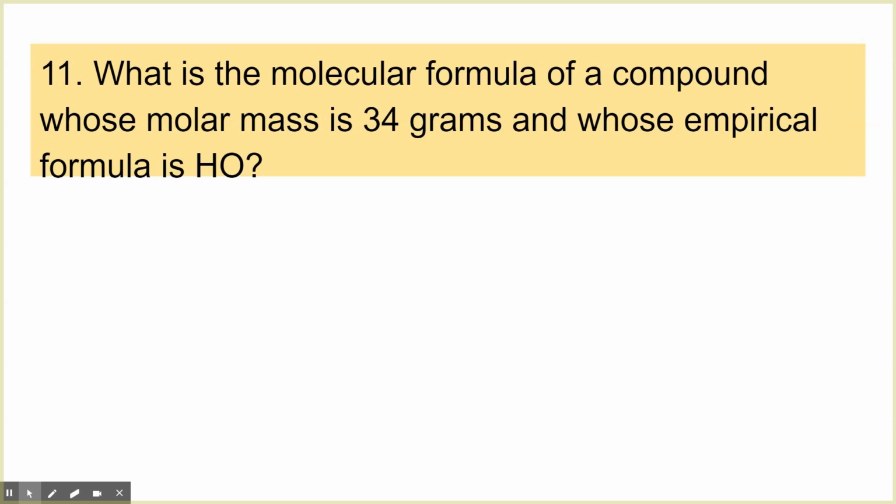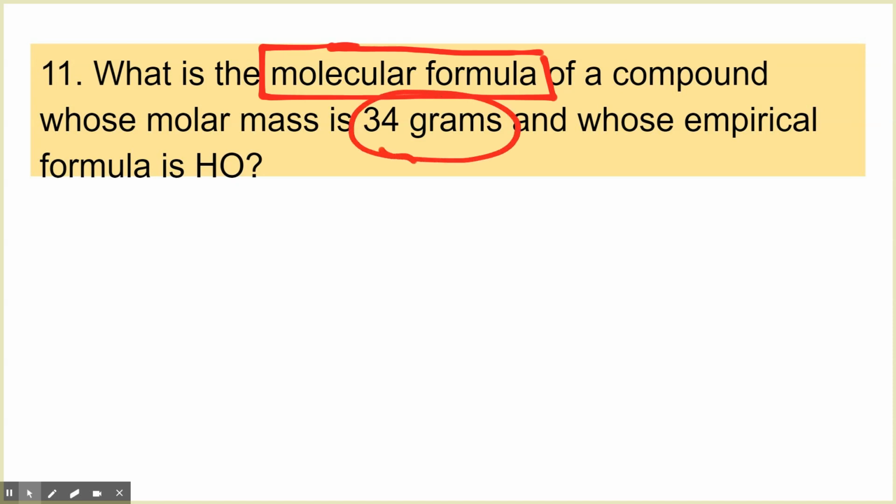It says there, what is a molecular formula? So we're looking for the molecular formula, which means the subscripts, you can get a number, divide those subscripts, and get something lower. Okay, whose molar mass is 34 and whose empirical formula is HO. All right, so how do we do this? First, let's find the molar mass of HO.